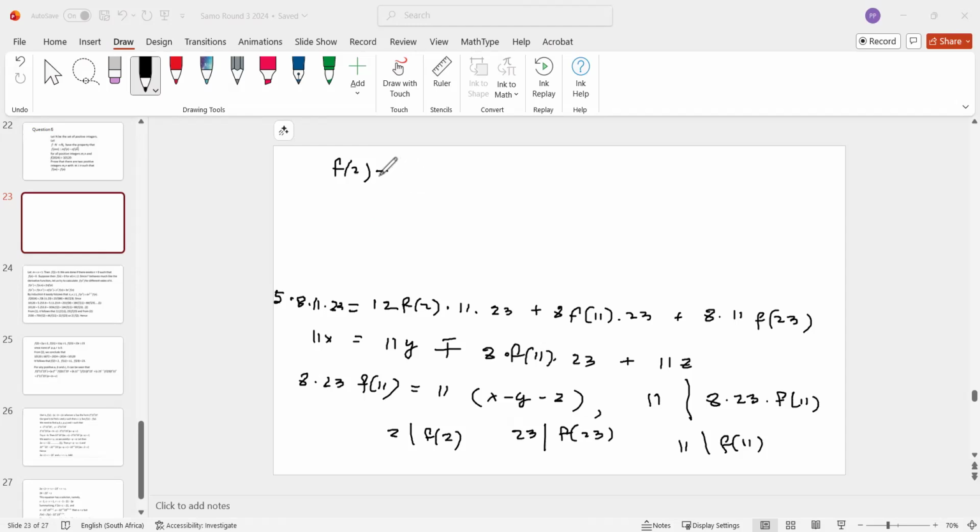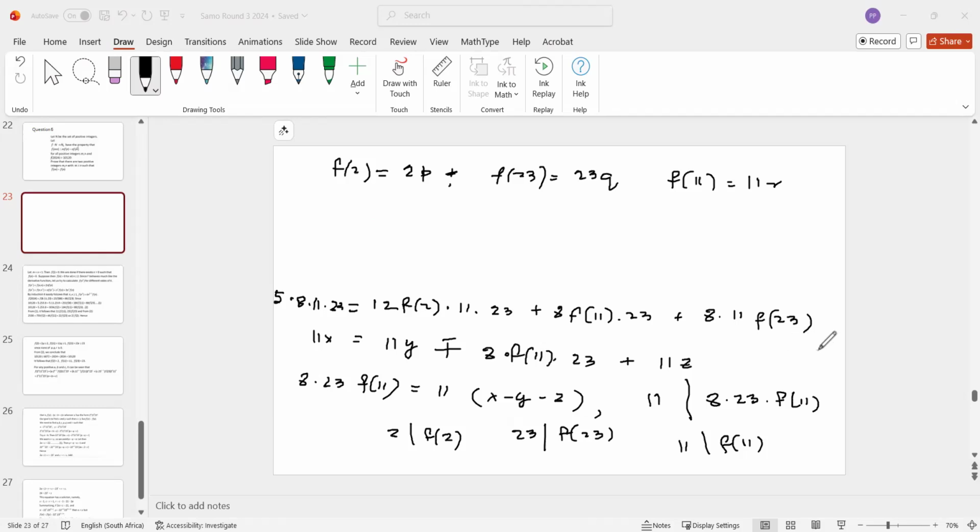So f of 2 is equal to say 2p, whatever, and f of 23 is equal to 23 times q, because 23 is a factor of this, and f of 11 equals 11 times something else.